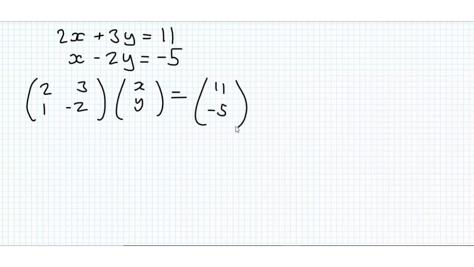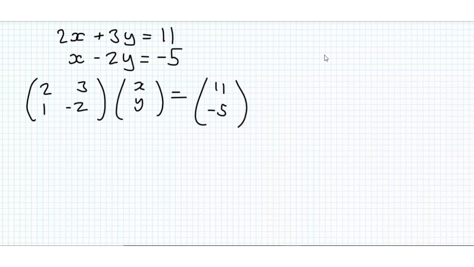This makes sense because when you multiply out this matrix, you get 2x plus 3y on the top row, which is equal to 11, and you get 1x minus 2y is equal to minus 5 on the bottom row. That's our simultaneous equations, so this matrix equation is therefore true.